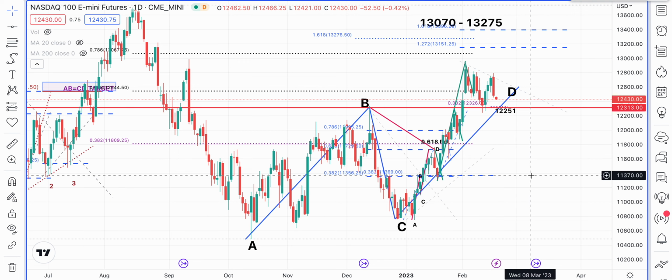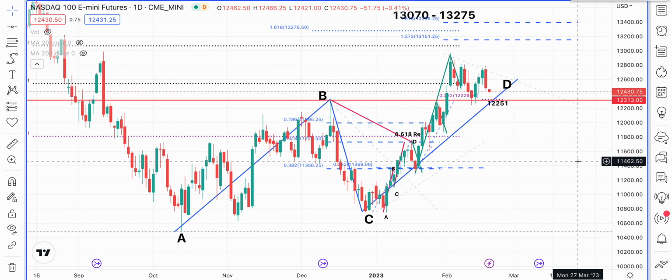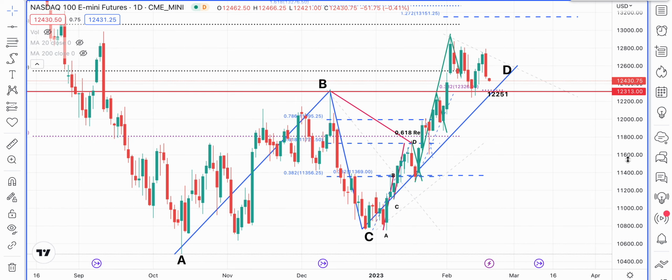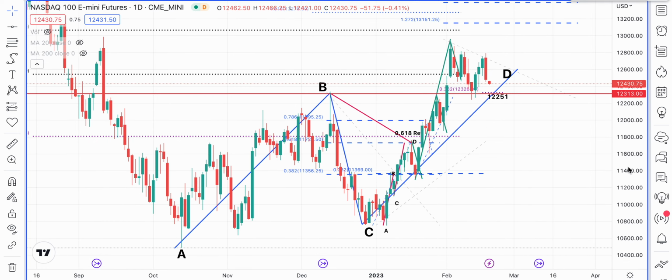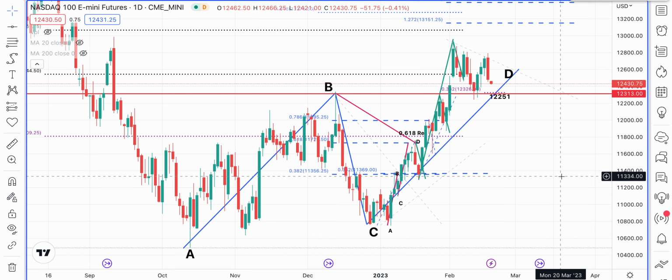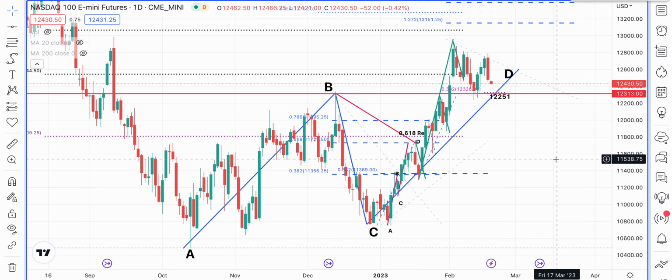And there could be a possibility of that, because as we mentioned before at the beginning of the video, we are watching for some aspects starting from 17th of February, and we have other cycles coming in till 23rd of February, so we could see some pullback in the markets.